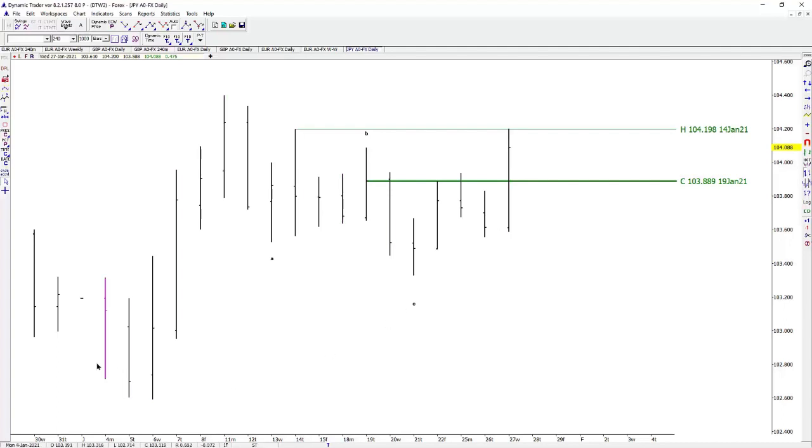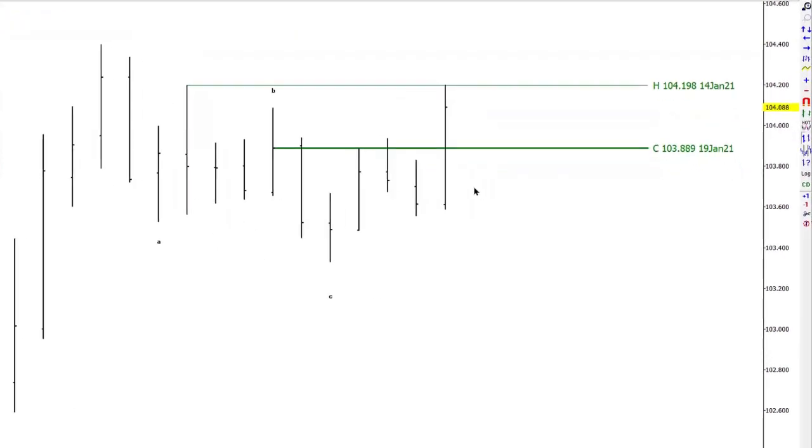So again, it would depend on our analysis of what degree of low this is 2 or 3 weeks ago. So really simple, really straightforward, and really reliable reversal signals. Let's add a few bars on the chart.